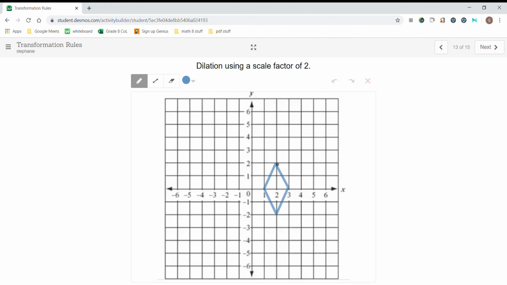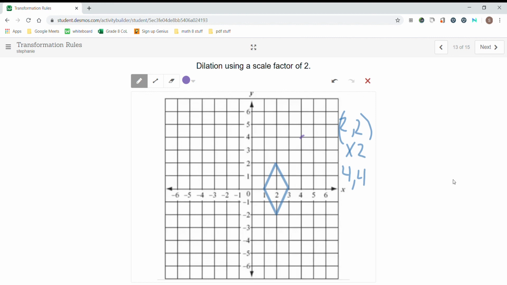So if I start right here, this is 2, 2, and I multiply by 2 to get 4, 4. So I'm going to put a new point on 4, 4. If I look over here, this point is 3, 0.